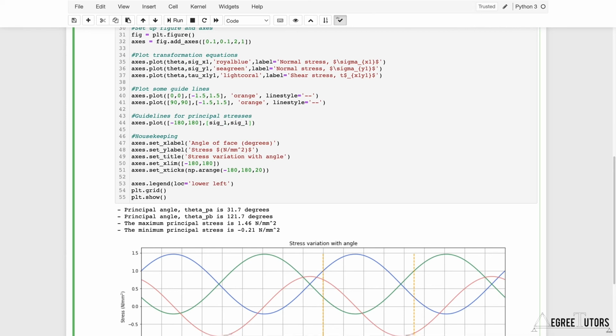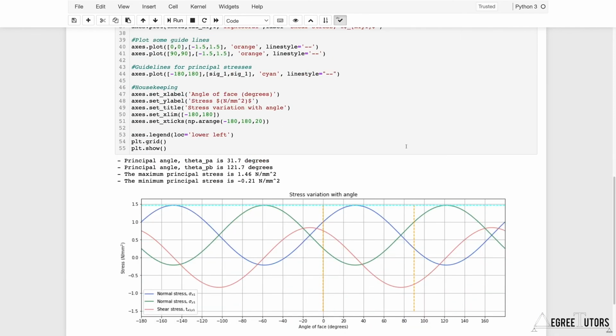And would I like this to be in a color? Yeah, let me make this color cyan, because why not? And then let me make it a dashed line. So I'll say line style is equal to a dashed line. What does that give us? Okay, excellent. So that's a horizontal line at the level of the maximum principal stress.